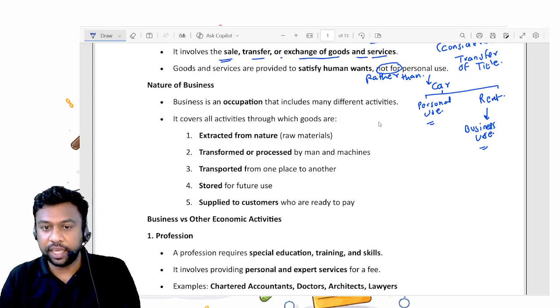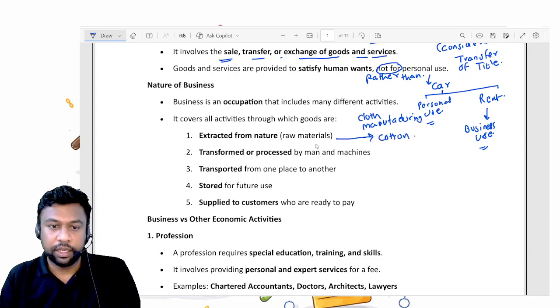So we will take the example of a business which is cloth manufacturing. What is the raw material for cloth? Cotton. Extracted from nature, transformed or processed by man and machine.